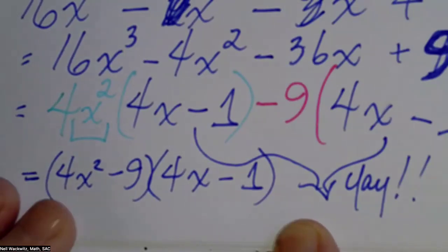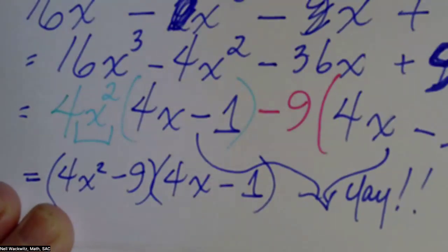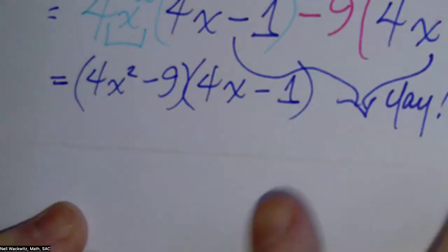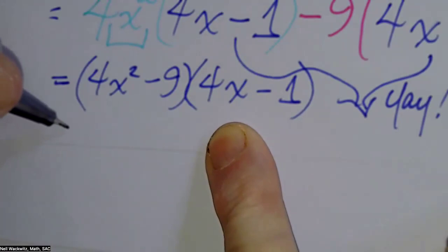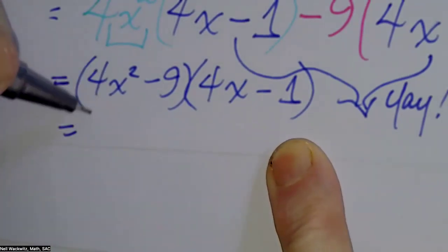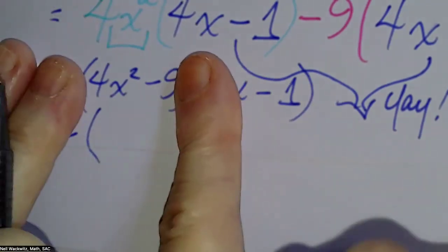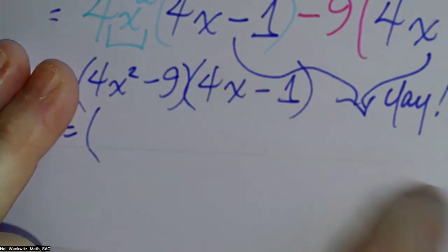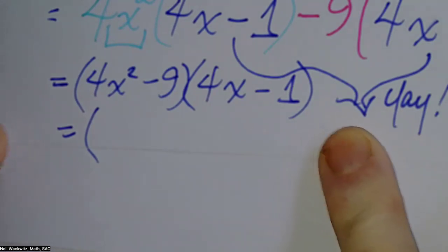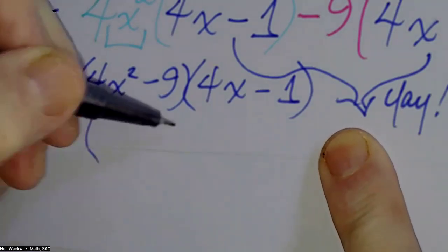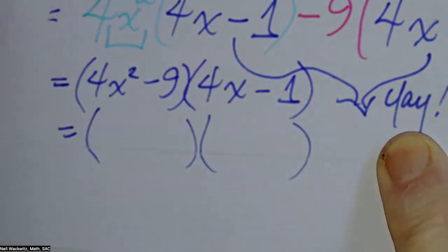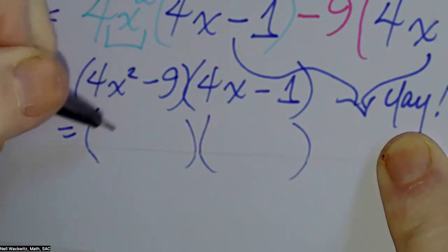No. What can we do? Square root. 4x squared minus 9, we're going to square root, exactly. But what is true about 4x squared minus 9? It would be 2x minus 3. Good.